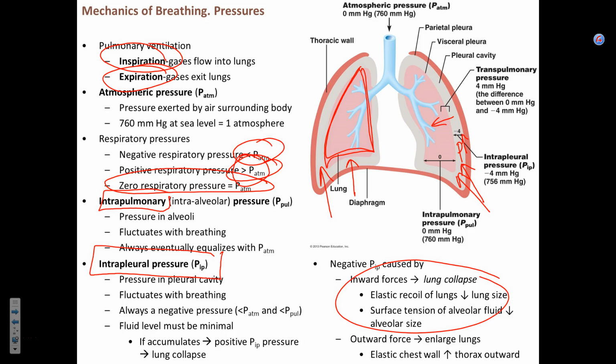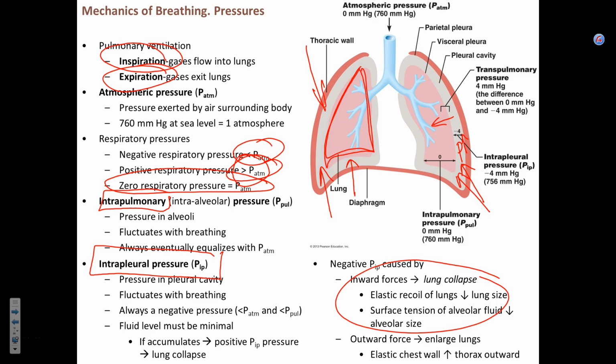When volume increases, pressure decreases. Does that make sense? Okay? And of course, you know, the chest wall. The chest wall expands, the pleural cavity expands, and again, intrapleural pressure becomes negative.